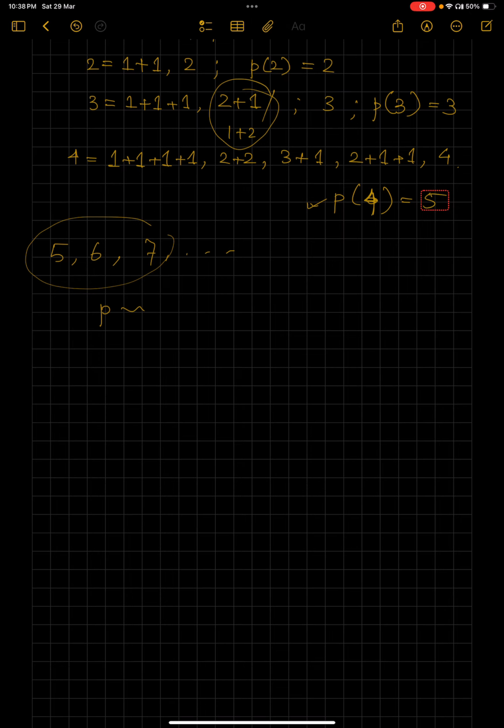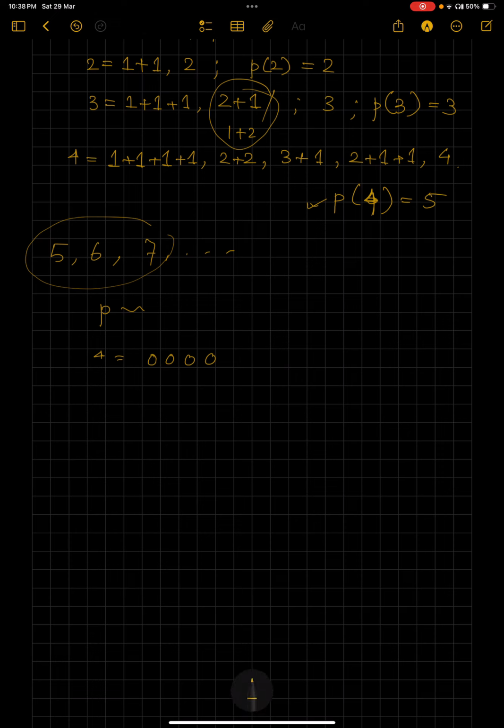But okay, so how can I solve this? Initially I was trying to think in a combinatorial way. Suppose I have 4. So 4 can be written as 1, 2, 3, 4, and then how many ways can I give this partition?